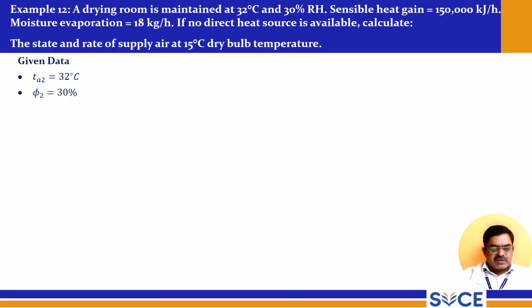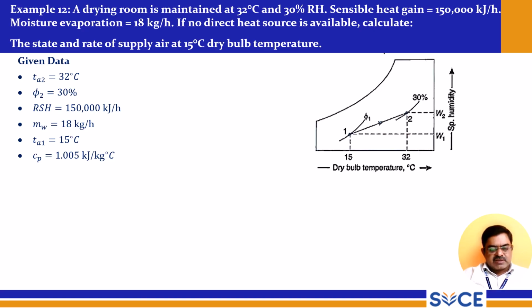So the given data is TA2 is 32 degrees Celsius and Phi2 equal to 30%, RSH equal to 1,50,000 kilojoules, MW equal to 18 kg per hour, TA1 equal to 15 degrees Celsius, Cp equal to 1.005 kilojoules per kg degree Celsius.